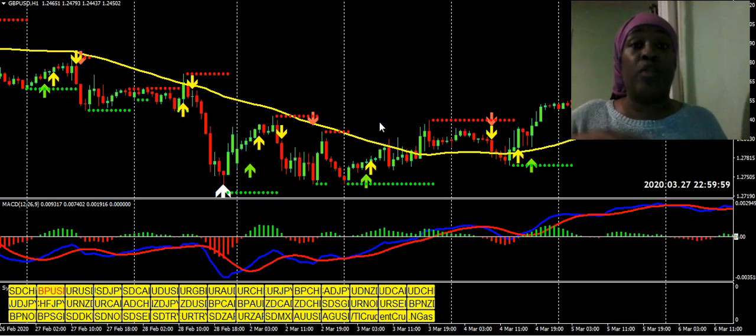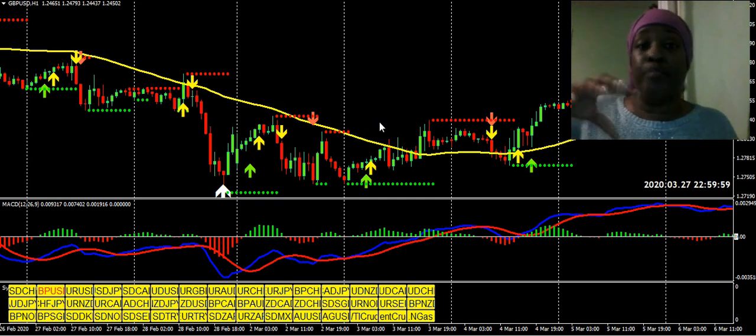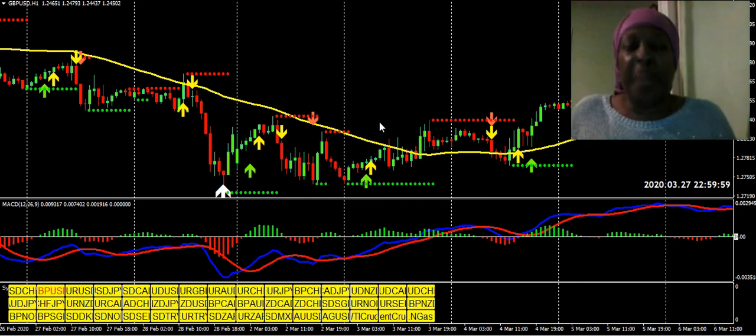So you can see with percentages like that, the Great British Pound is always going to be more volatile. The movement of the Great British Pounds is far more volatile than any other pair.